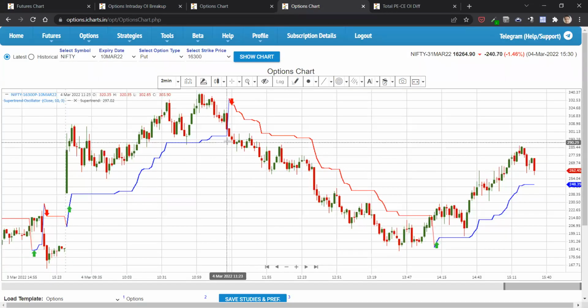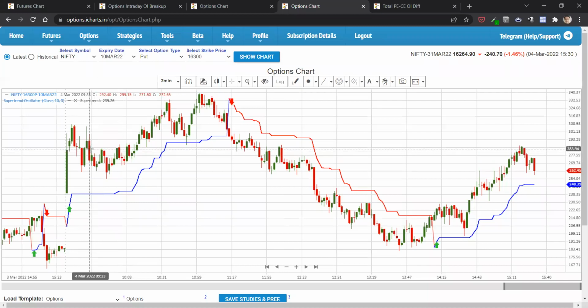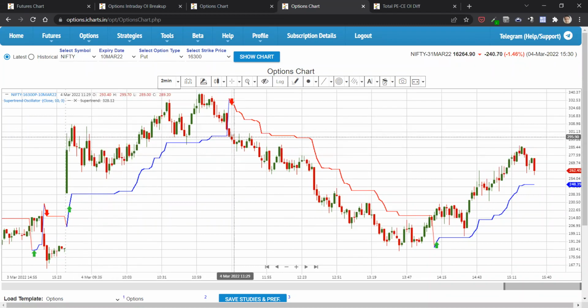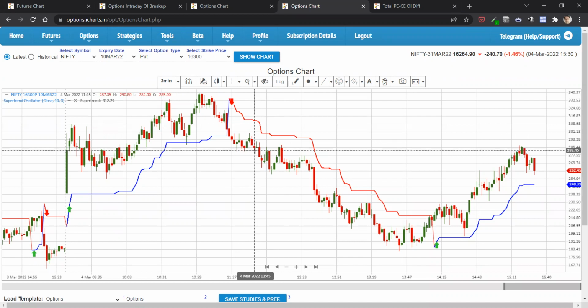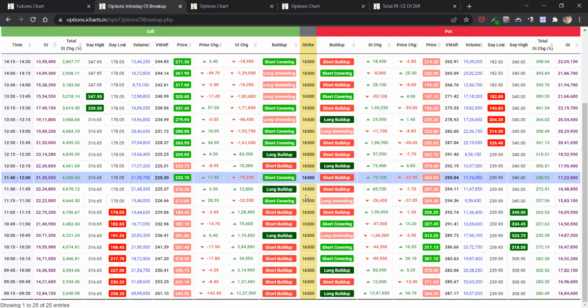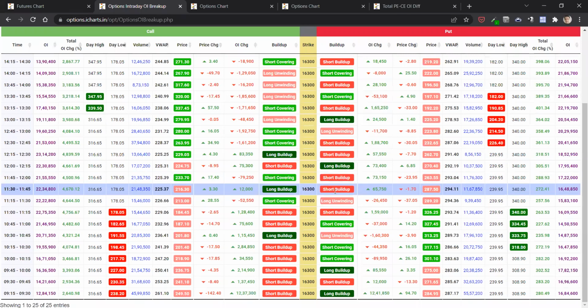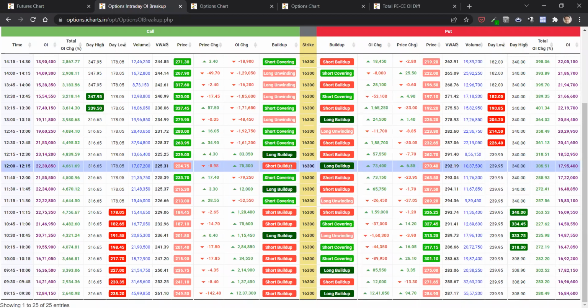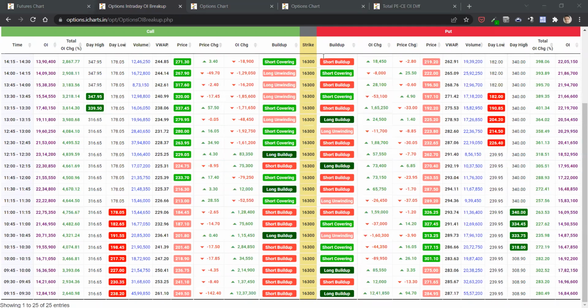Now, short put here: you were actually long over here at 9:31, and you would exit here at 11:25. Then at 11:45 here, you can go short on the puts, because here you have got the short build-up on this side. Now, the next important thing: here you have a very strong flip signal.